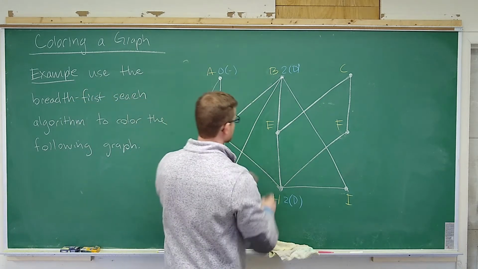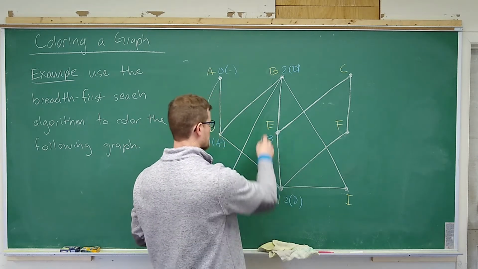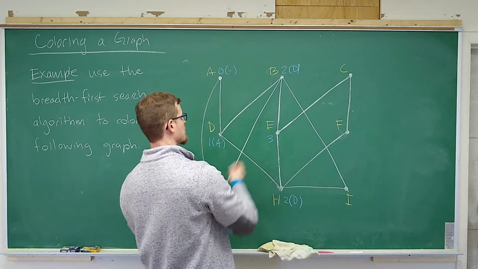So E is a distance of 3, increasing the labeling by 1.